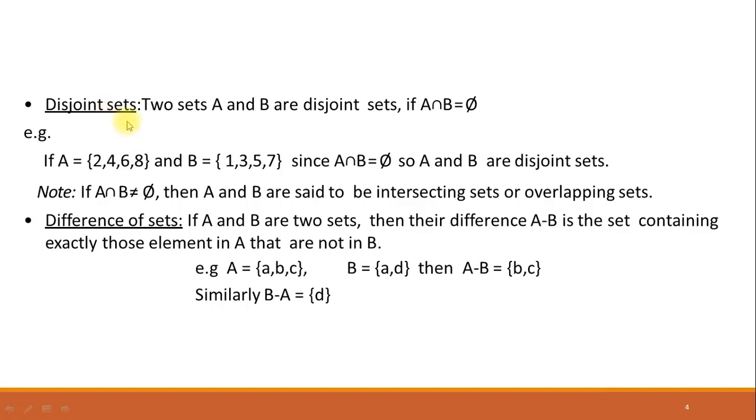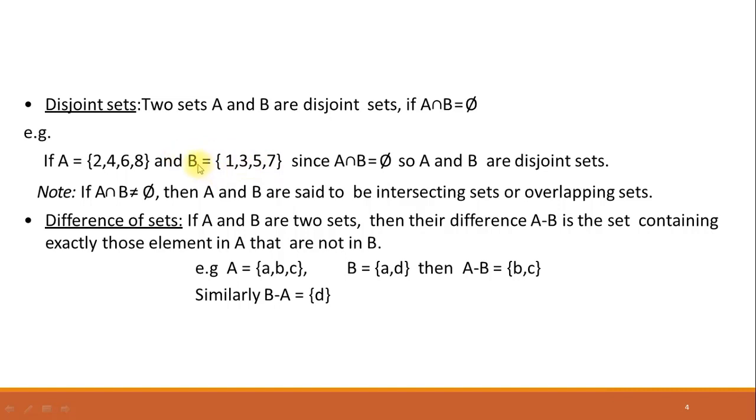Now, what are disjoint sets? Two sets A and B are said to be disjoint if they have no common element, that is, A intersection B is equal to the empty set. For example, set A contains the elements 2, 4, 6 and 8, and B contains the elements 1, 3, 5 and 7.